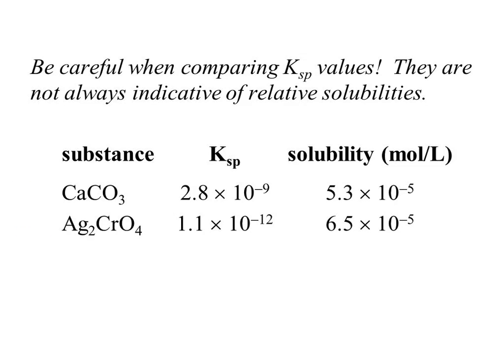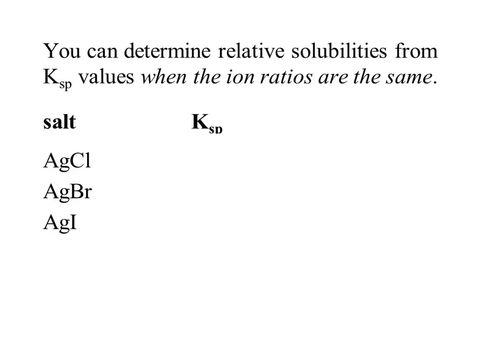The molar solubility of the silver chromate, with the lower Ksp, actually is just a little bit more, 6.5 times 10 to the negative 5th instead of 5.3 times 10 to the negative 5th. So the problem is you have a different pattern going. But these all have patterns.